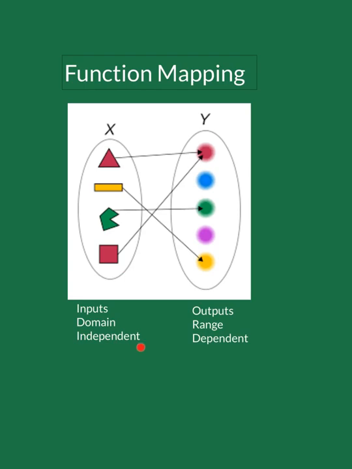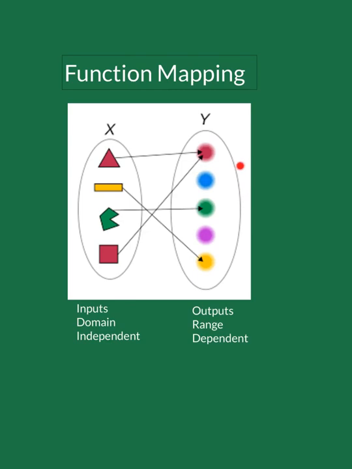So these are some key words right here that you need to connect to functions. Okay, we have inputs. Those are the numbers that go in. The domain. Those are all eligible numbers that can go into the function. And these are independent because we get to choose them.